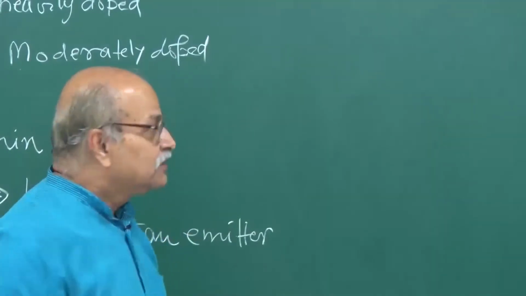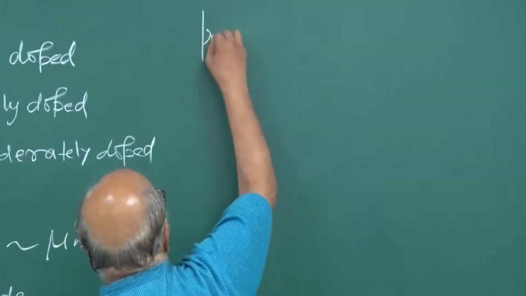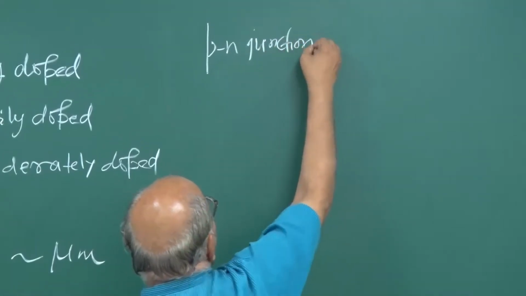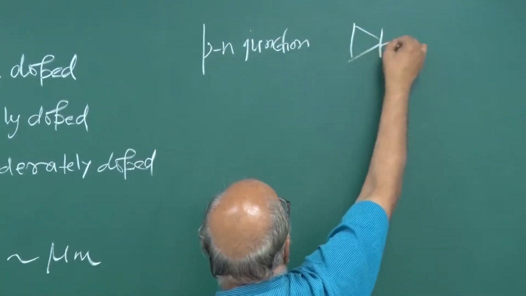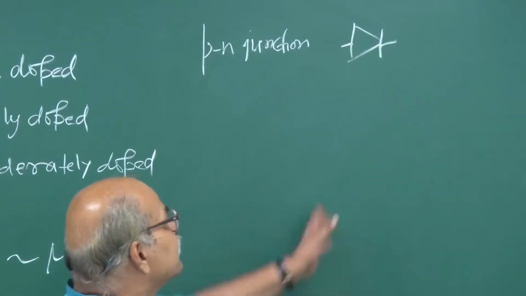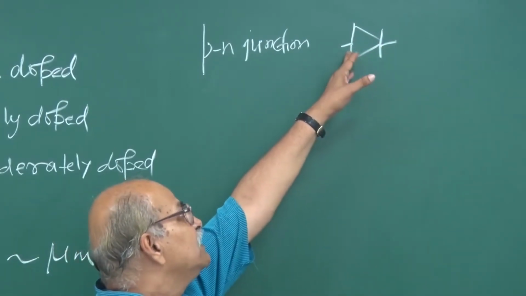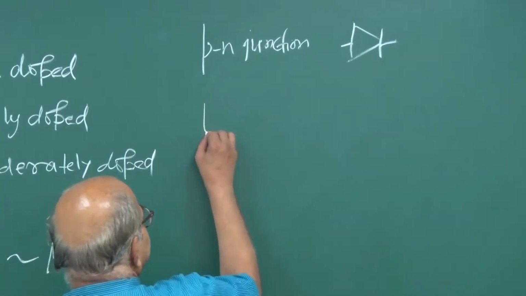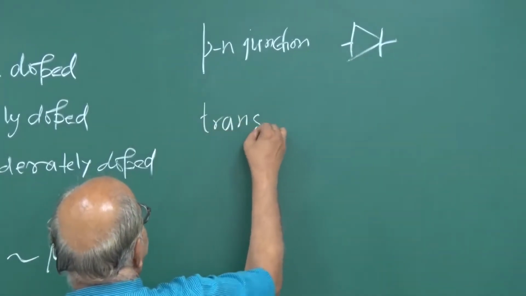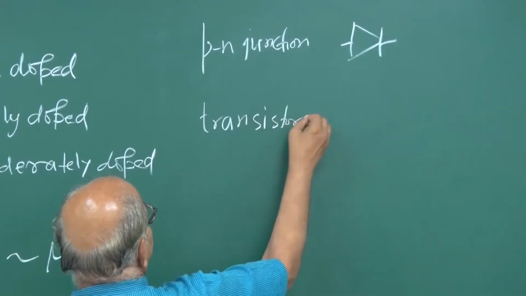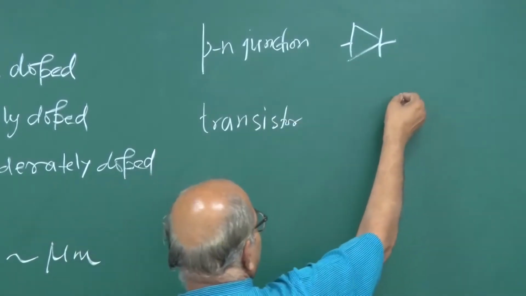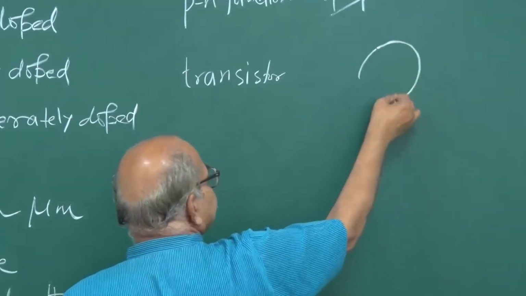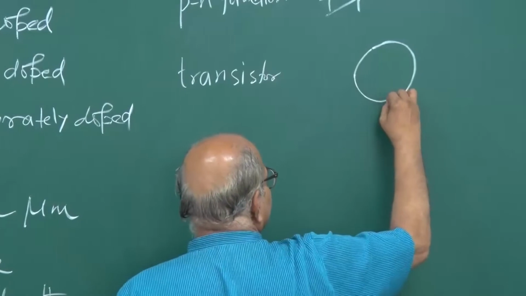Now the symbol. For the PN junction, you remember, we had a symbol that itself tells that this side is P and this side is N. Similarly, for the transistor, people generally draw a circle. Sometimes you may not draw it, but it is good to draw a circle.